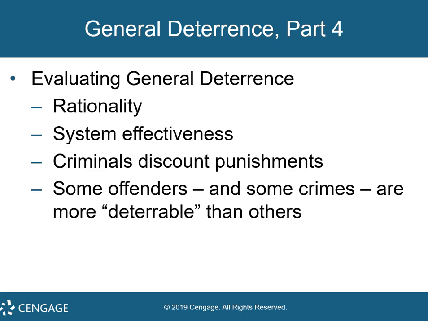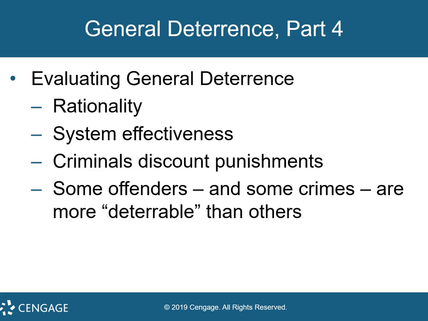Criminals may be desperate people who choose crime because they believe there are no reasonable alternatives. So again, we talk about evaluating. Compulsion: many offenders act compulsively and are therefore unlikely to be deterred from the threat of future punishment.